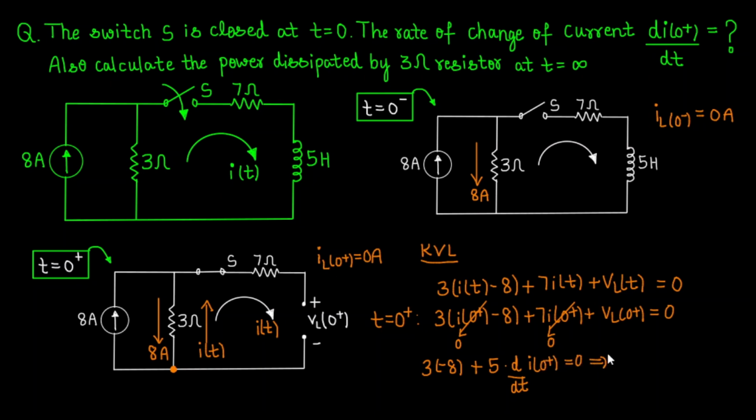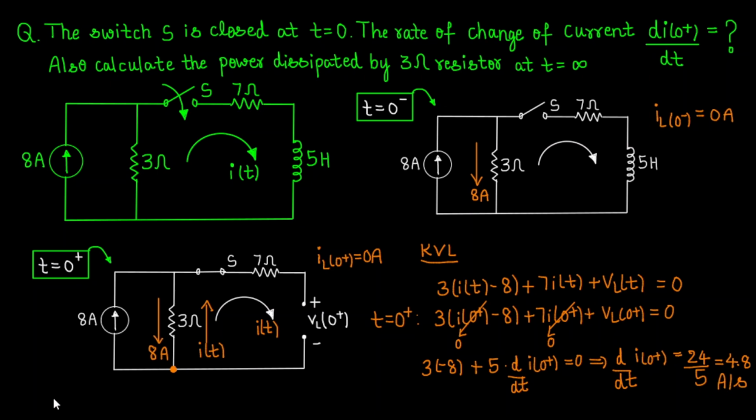From this, sending all constants to other side, we get d by dt of I of 0 plus, which is equal to 8 3s are 24, so it is 24 by 5, which is 4.8 ampere per second. The reason I'm writing ampere per second is this is the ratio of change of current by change of time. So it is ampere per second.